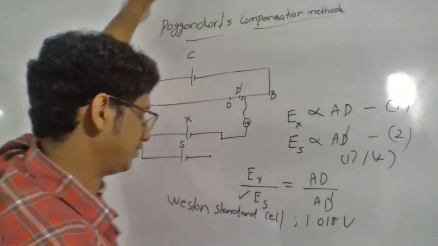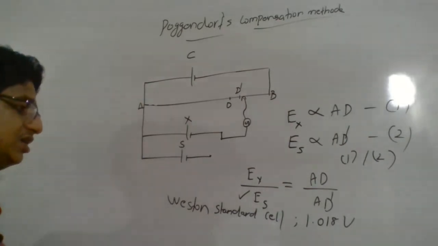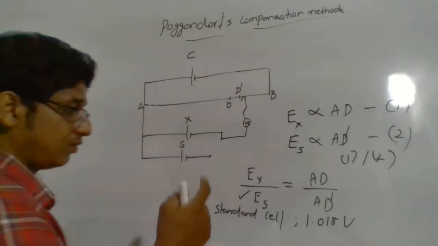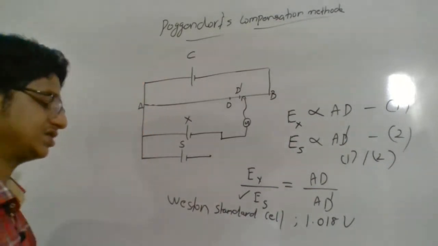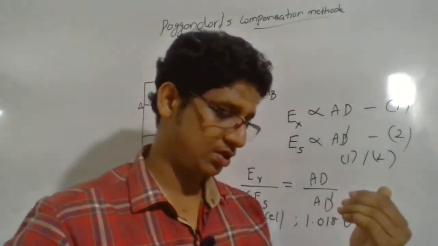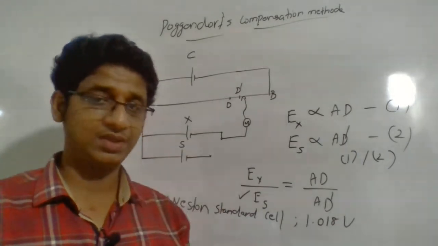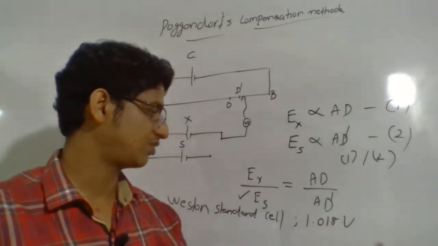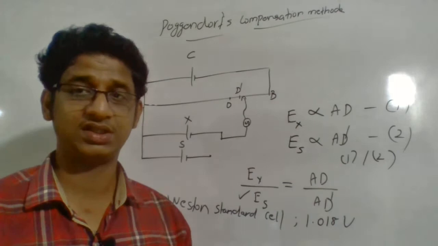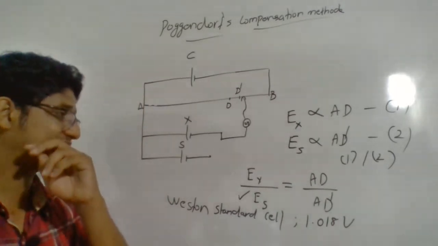Now why is this called a standard cell? Because we tried it at different temperatures, and we observed that it produces a constant EMF around this voltage. That is why it's a standard cell.